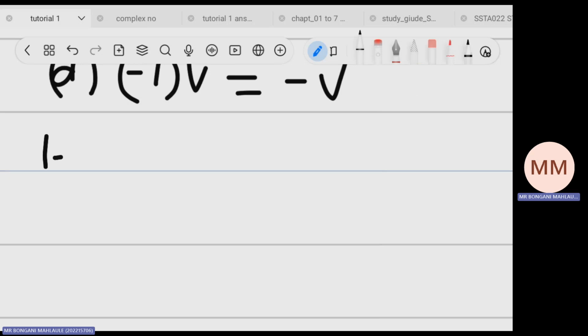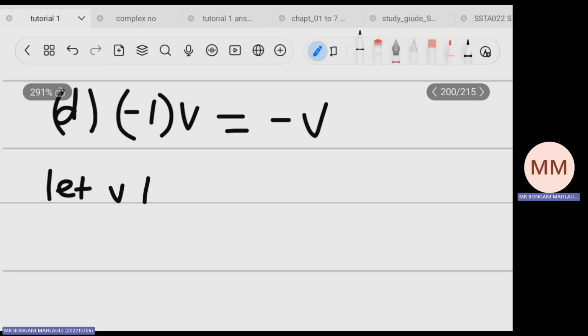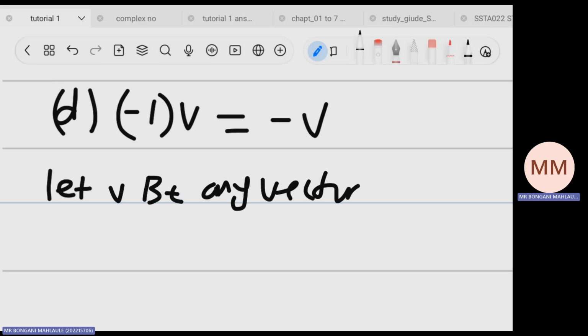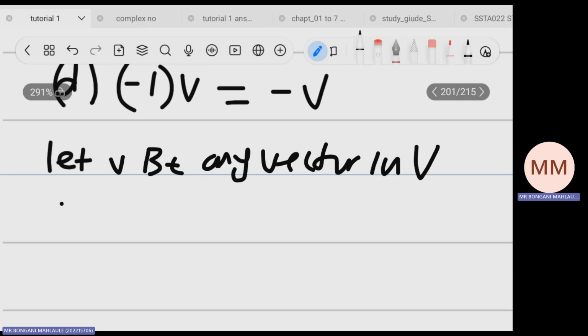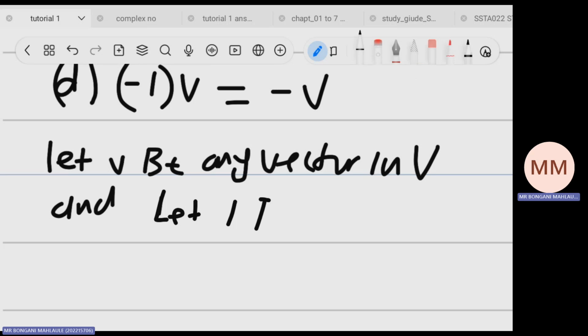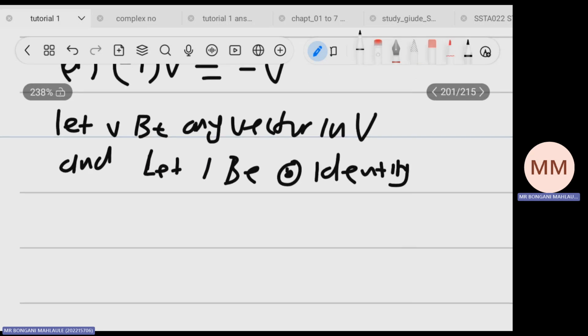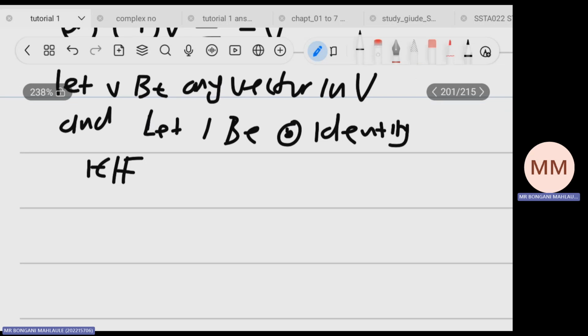So we're going to say let V be any vector in space V, and let 1 be the multiplicative identity, such that 1 is an element of the field.